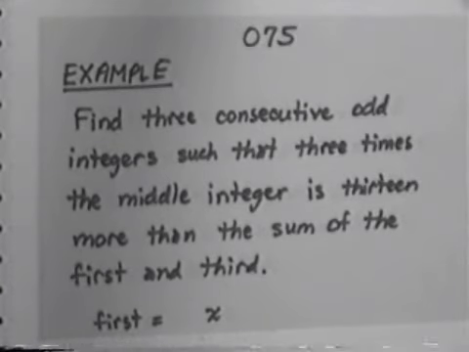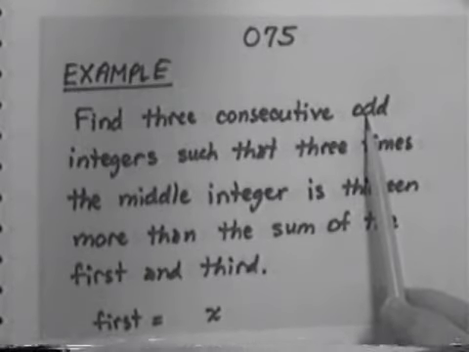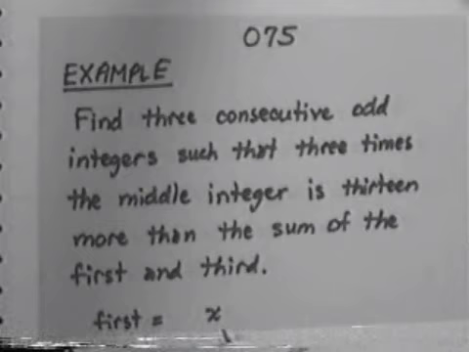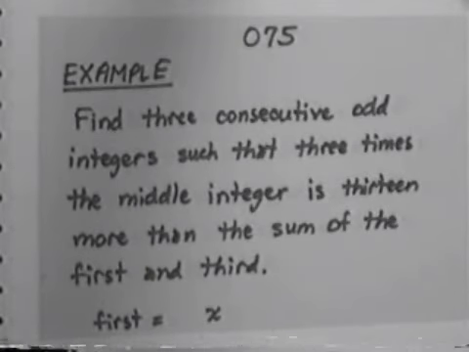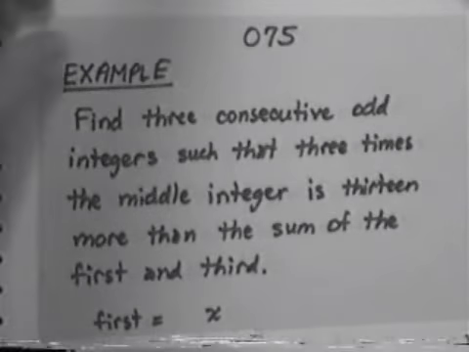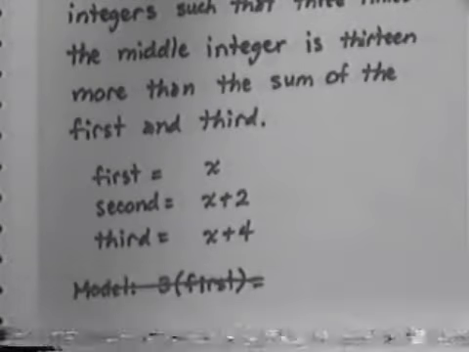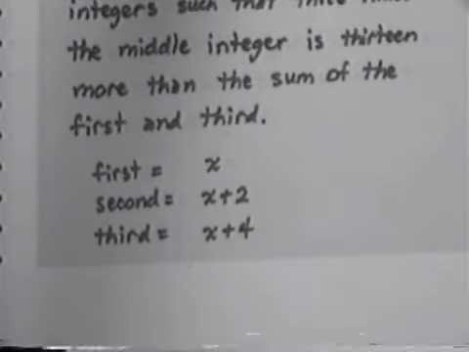The first integer will be called simply x. We're told that these are odd integers, consecutive odd integers. And so we remember that our formulas for odd integers are x, and then the next one is x plus 2, and then x plus 4, and so on. And so our first integer will be x, the second will be x plus 2, and the third will be x plus 4.